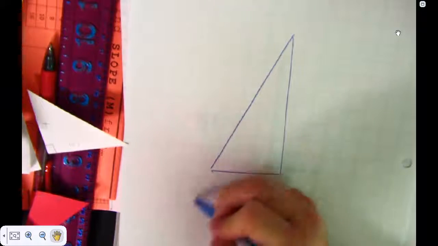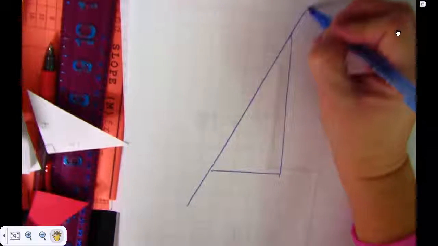All right. Now, continue the line like this. Can you do that for me? Like that.